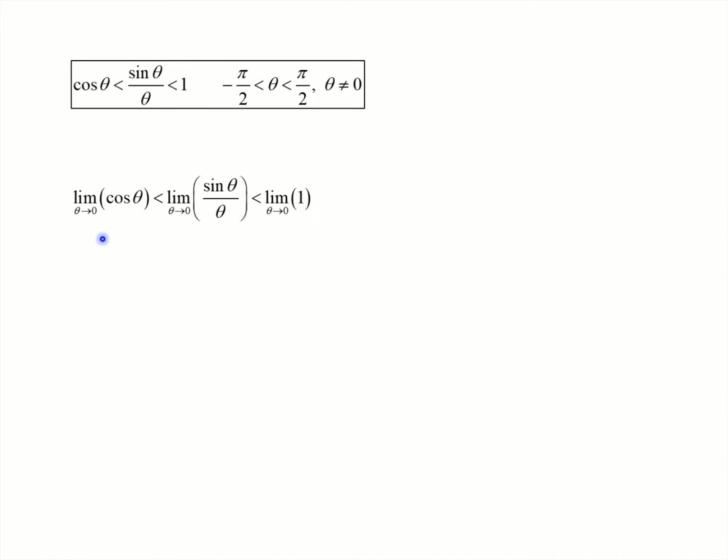The left-hand side, well, the cosine of 0 is 1. So I've got this limit here squeezed between 1 and 1. So by the squeeze theorem, I end up seeing that the limit of sine theta over theta as theta approaches 0 is 1.